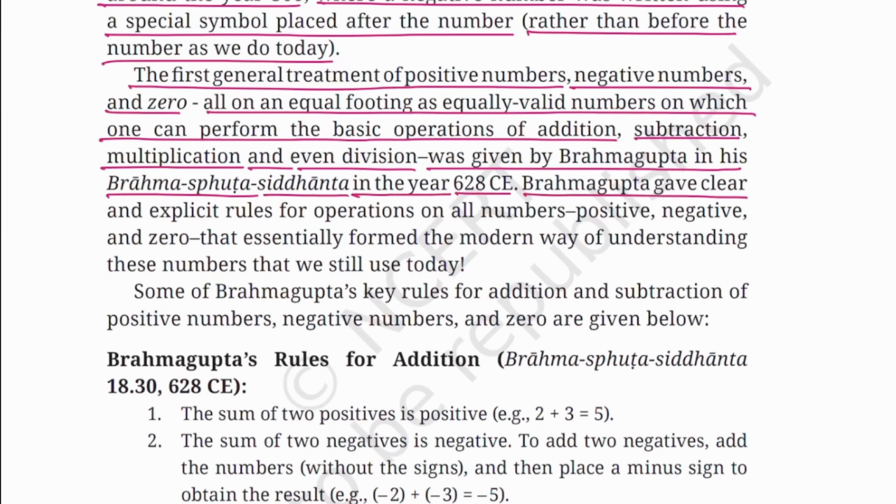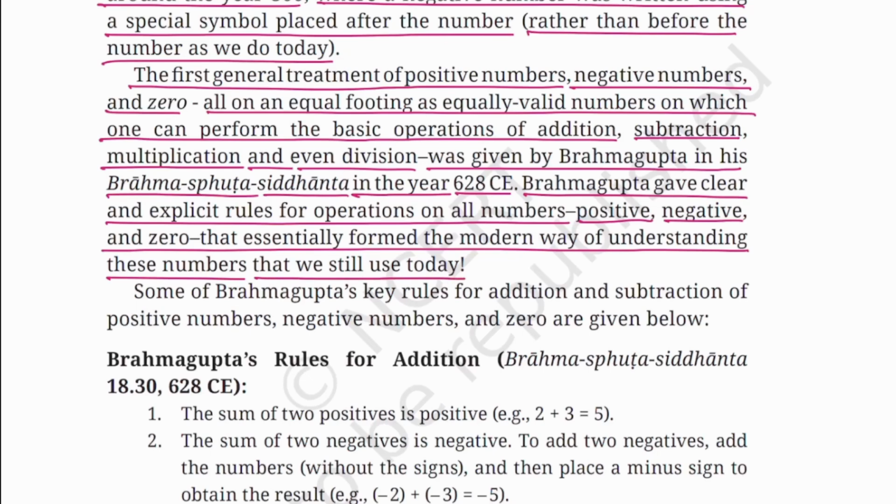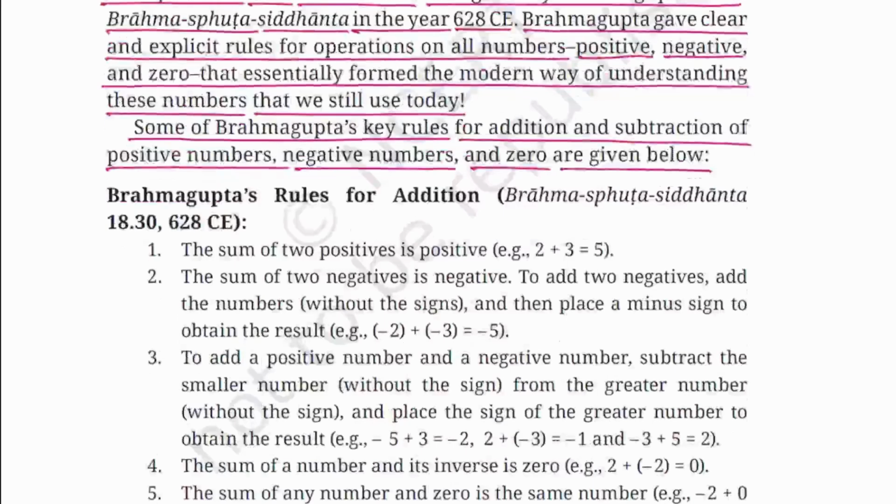Brahmagupta gave clear and explicit rules for operations on all numbers, positive, negative, and 0, that essentially formed the modern way of understanding these numbers that we still use today. Some of Brahmagupta's key rules for addition and subtraction of positive numbers, negative numbers, and 0 are given below.